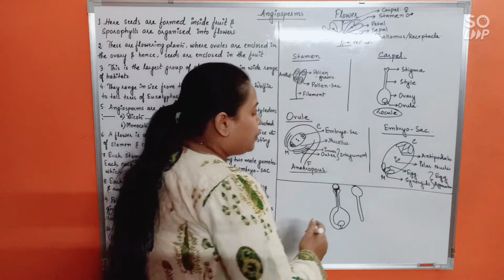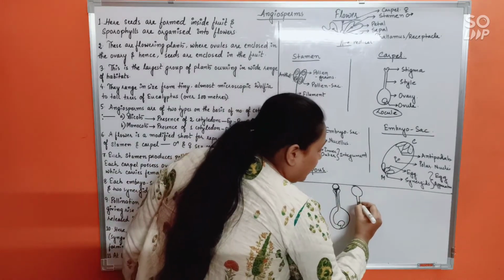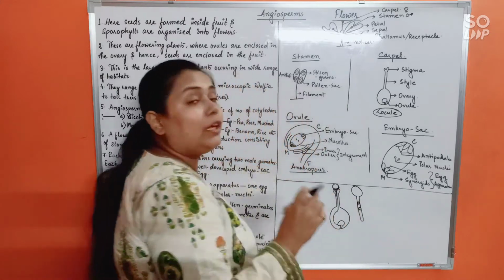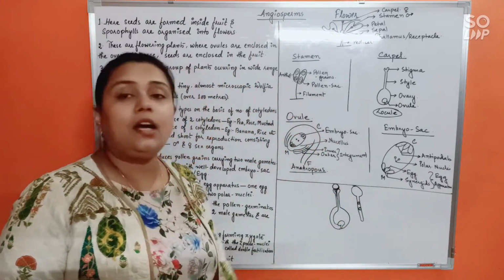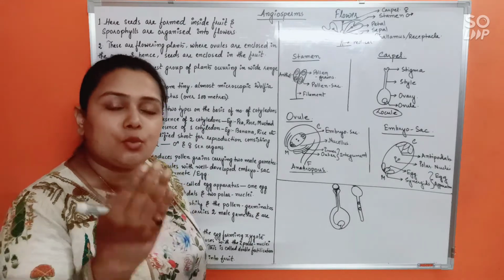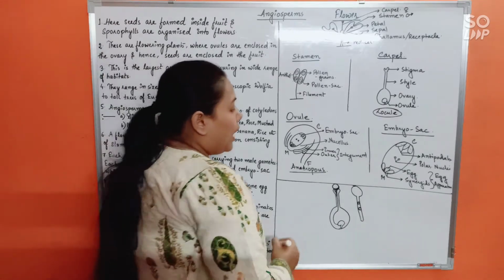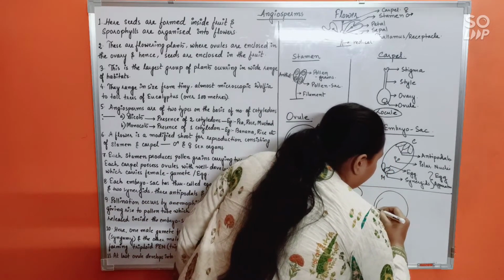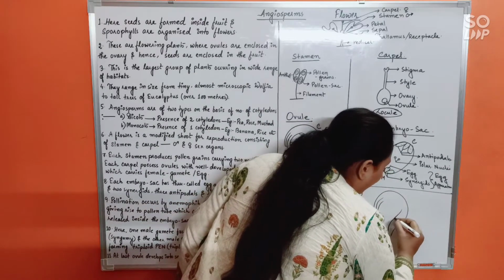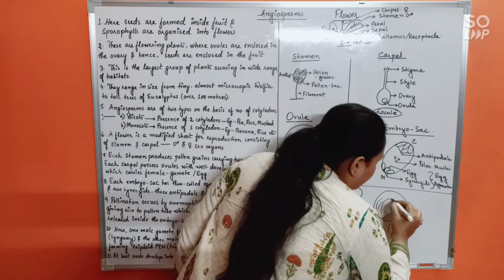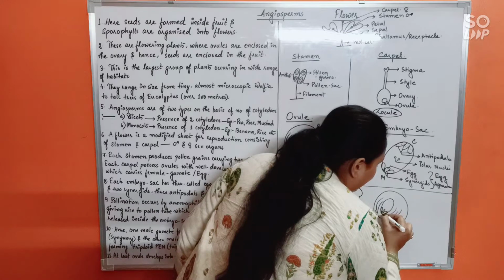Alright, and also throughout the process, the pollen tube will carry two haploid male gametes towards the micropyle. So as soon as, suppose this is the ovule, this is the well-developed embryo sac.